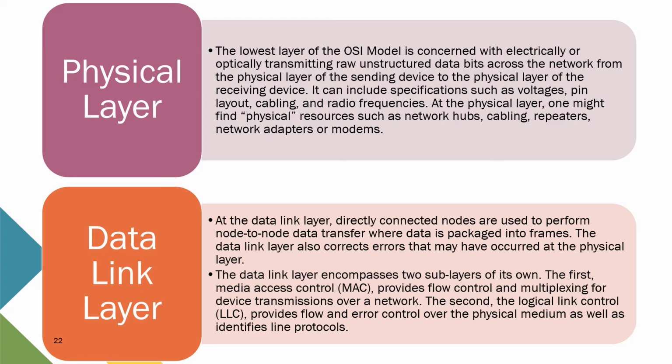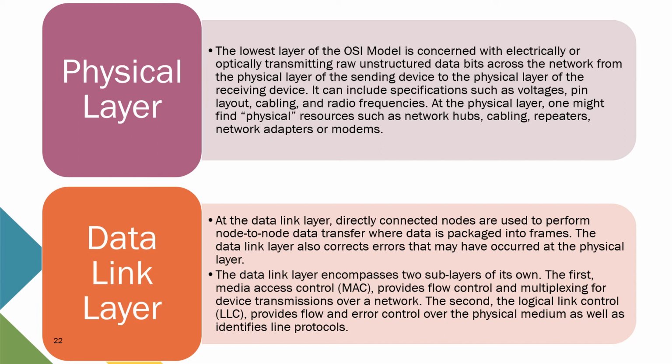Now let us look into the OSI layers one by one. The first one is the physical layer. This is the lowest layer of the OSI model. This layer is concerned with the electrically or optically transmitted raw unstructured data bits across the network, from the physical layer of the sending device to the physical layer of the receiving device. So usually it is concerned with the device itself.